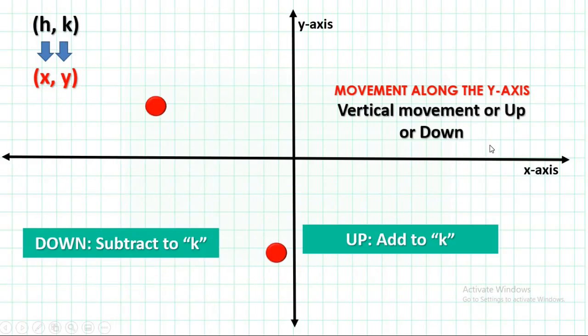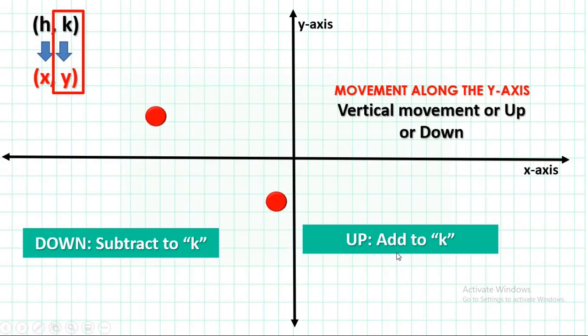How about if the movement is along the y-axis? We associated a while ago h and k as x and y. So k this time is associated with y. And y is the value found vertically along the y-axis. Therefore, if there is a vertical movement or the points moved upward and downward, if it is going downwards, we are going to subtract by k.